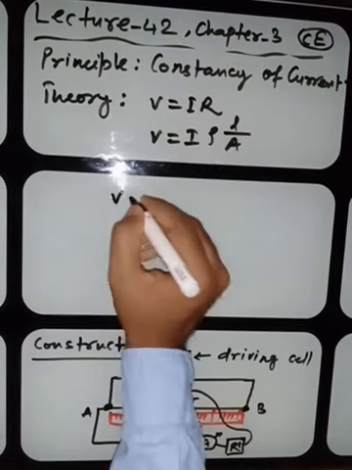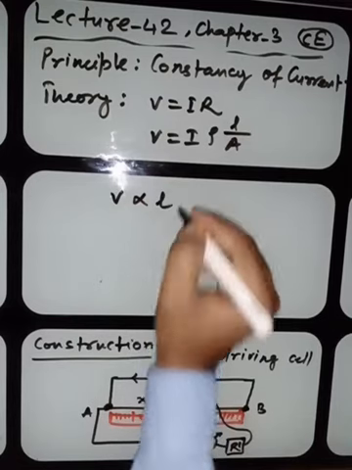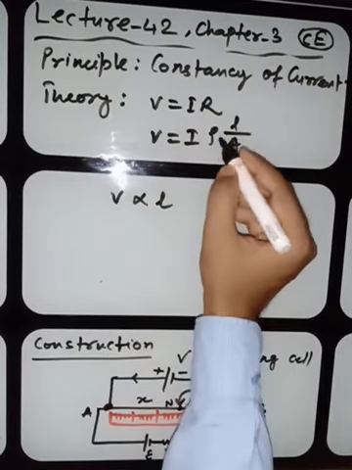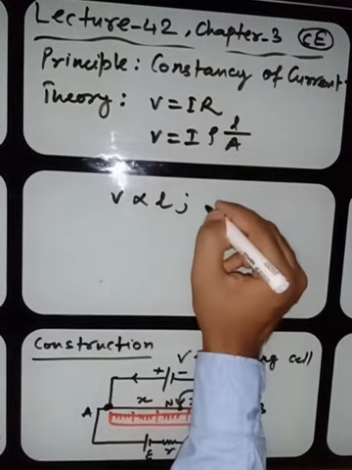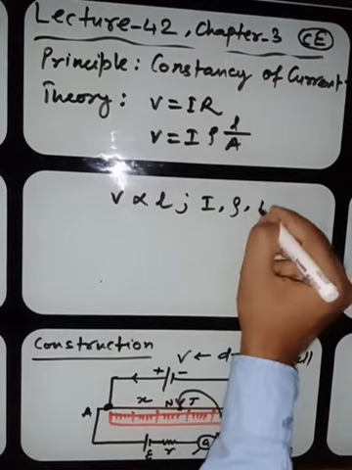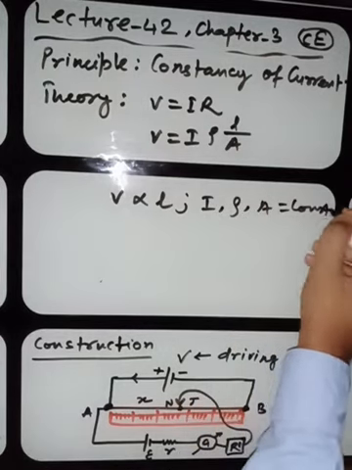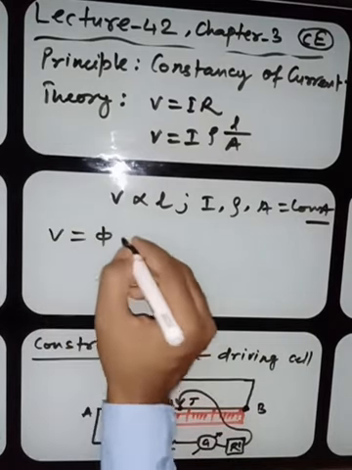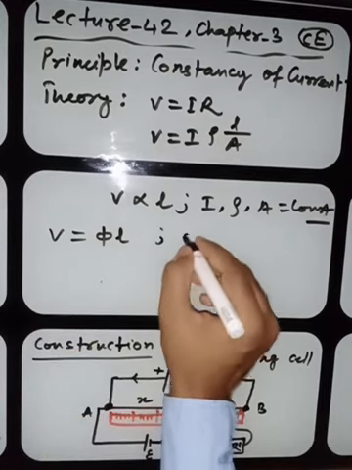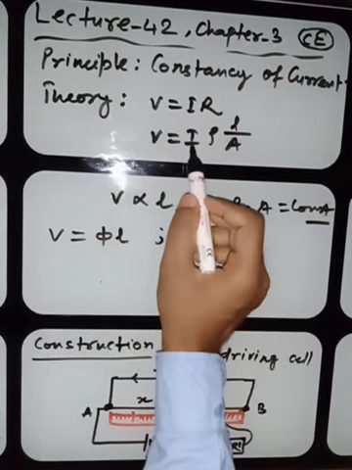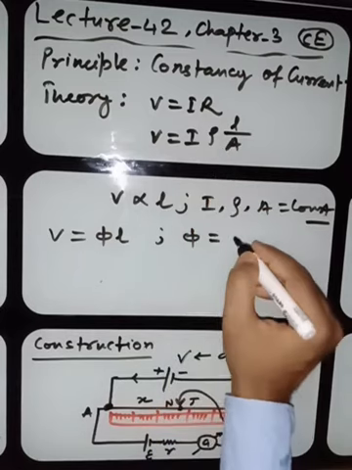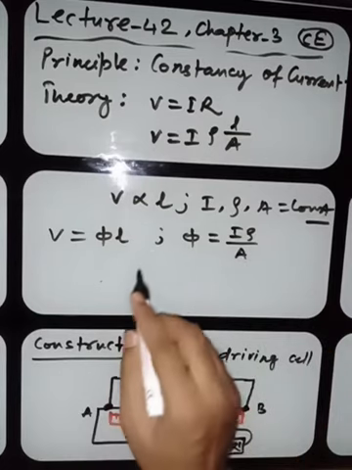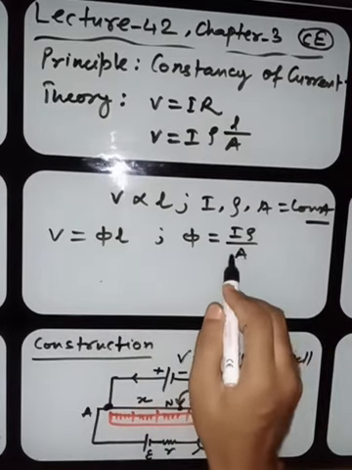It means V is directly proportional to what? L, the length. Remember, here in the proportionality, at constant I, rho and A, it means V is equal to phi times L, where phi is nothing but I rho by A. This phi, which is the proportionality constant, is called the potential gradient.